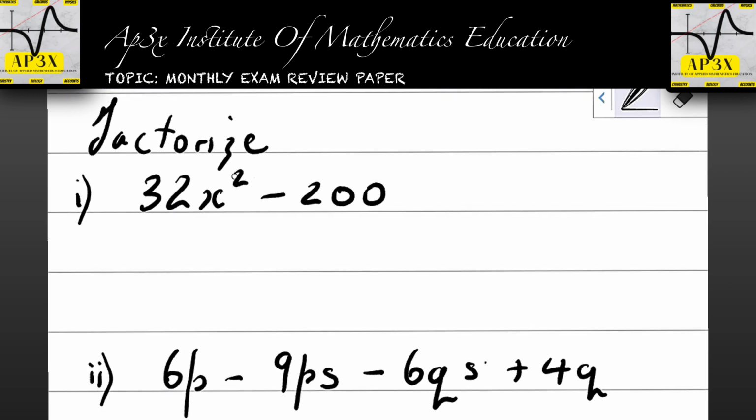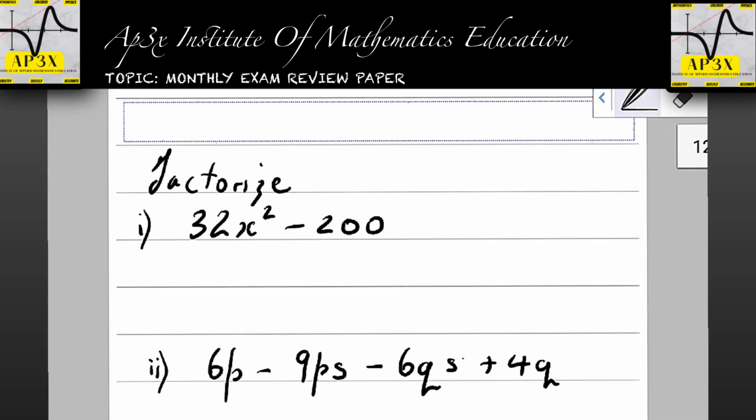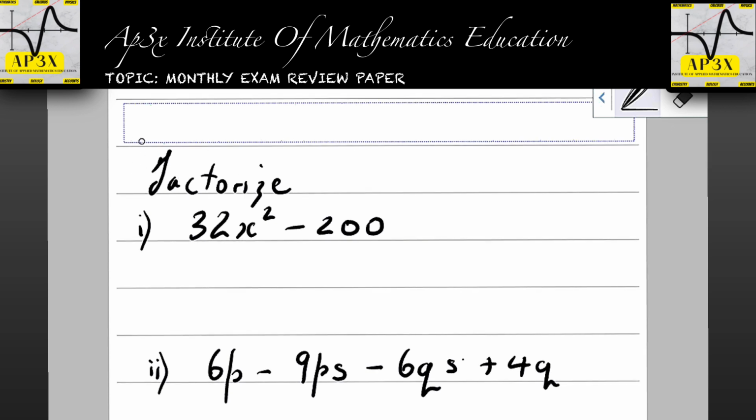Now, when you look at this question, you have two terms and it says factorize, and I've emphasized many times over that the verb factorize means that we're looking for a common factor. At all times we're looking for a common factor.